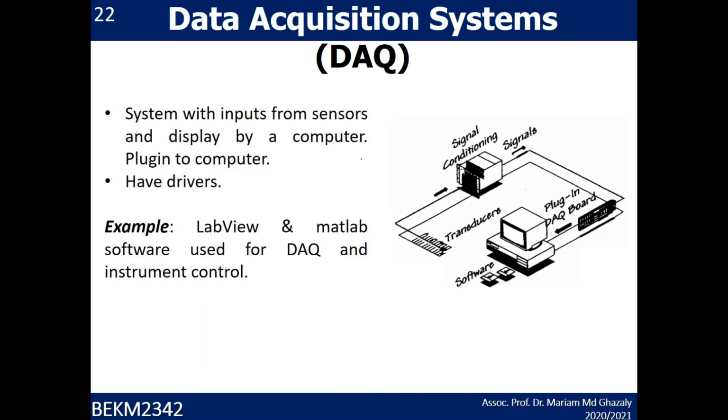This is just an example of how you connect it, similar to the previous slide: a system with input from a sensor, displayed by a computer. If you have a sensor or transducer here, and you bought a sensor, how do you actually display it on an LCD or on your computer?